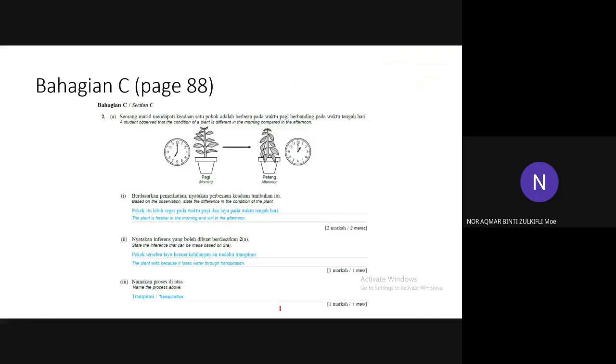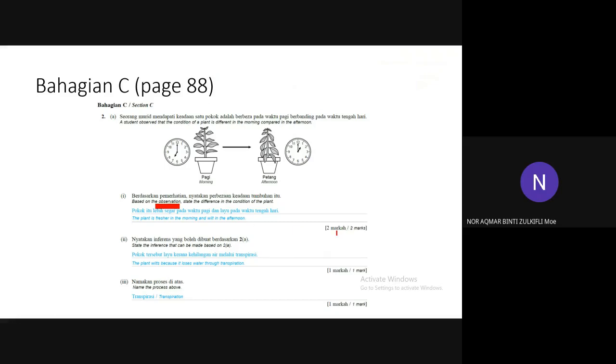Next, section C. A student observed the condition of a plant is different in the morning compared to the afternoon. So this is the experiment part, so we must know the keyword here. Number 1, based on the observation. Observation means what do you see? What can you observe from the experiment?